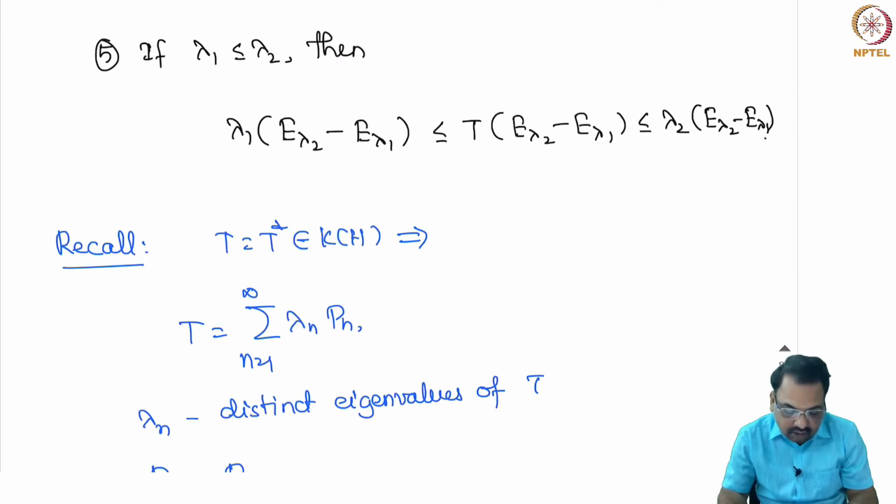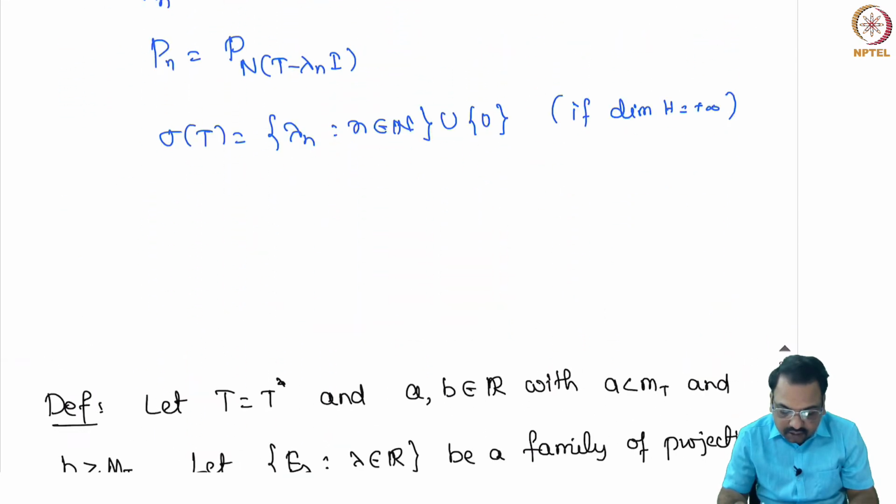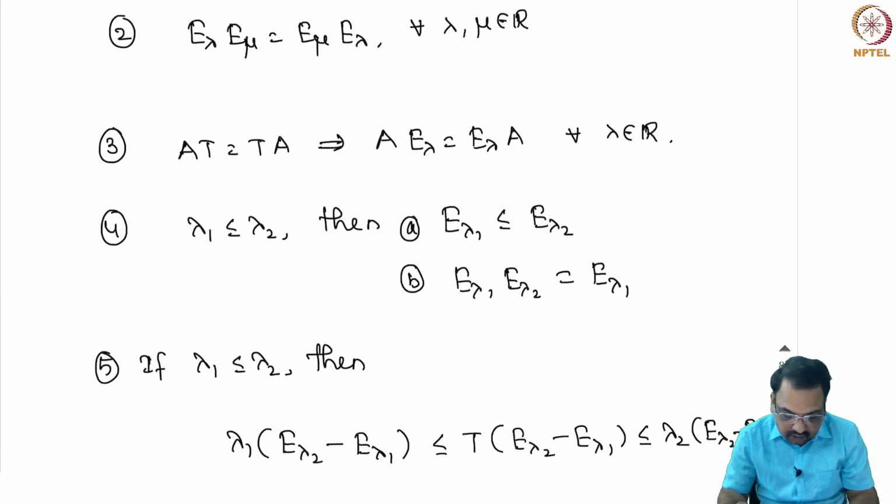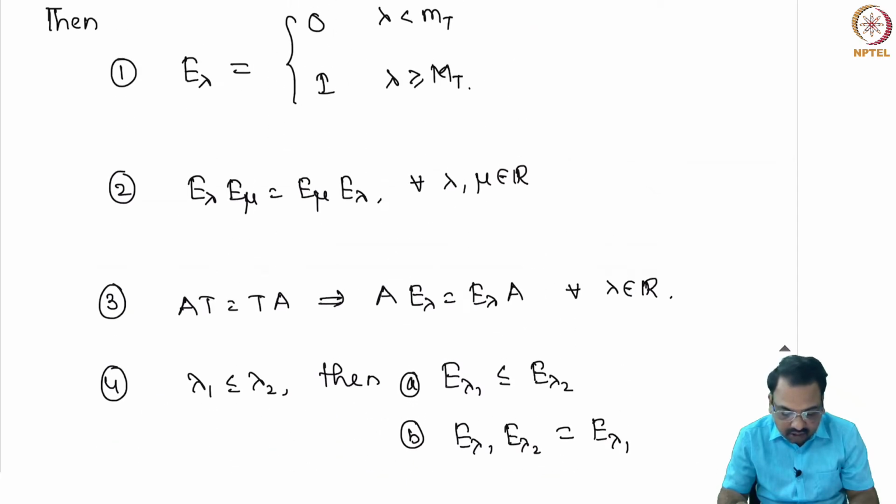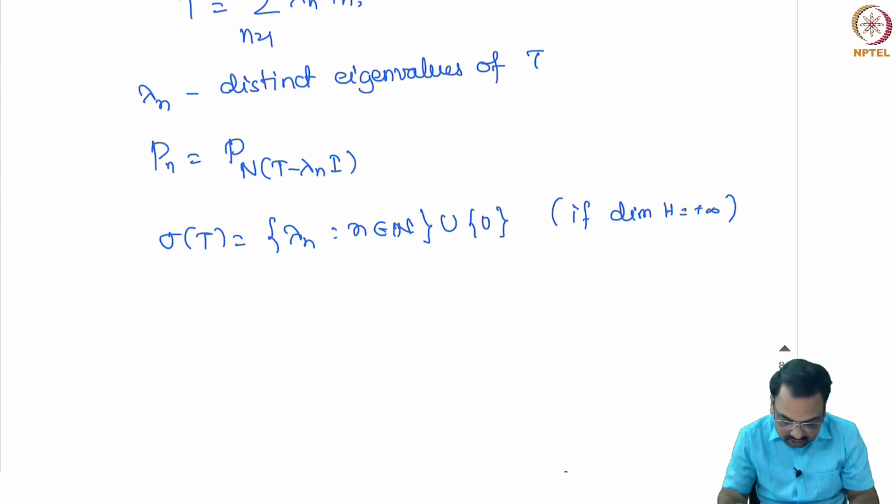Similarly, when lambda 1 is less than or equal to lambda 2, we have shown that lambda 1 times (E lambda 2 minus E lambda 1) is less than or equal to T times (E lambda 2 minus E lambda 1), that is less than or equal to lambda 2 times (E lambda 2 minus E lambda 1). So these are the properties of the spectral family generated by a self-adjoint operator.